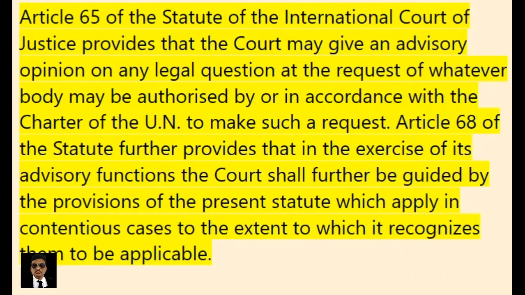Article 65 of the Statute of the International Court of Justice provides that the court may give an advisory opinion on any legal question at the request of whatever body may be authorized by or in accordance with the Charter of the UN to make such a request.